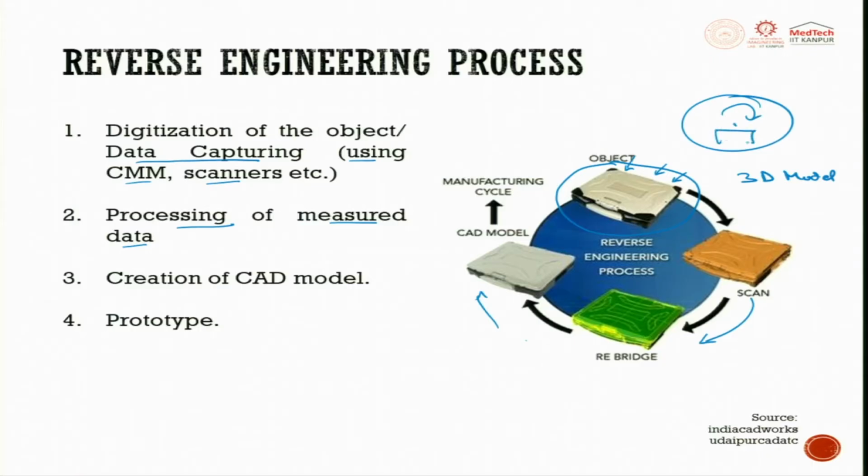The scanner light would emit the laser and reflect it back to the receiver, and the cloud data is generated. This does not happen in one go. These rotations might be 5, might be 20 or so. At each rotation we have some information of the product, and this information is to be collected together into a single RE bridge or single CAD model, that we need to have finally as our reverse engineered soft prototype. Now, creation of the CAD model would be the next step.